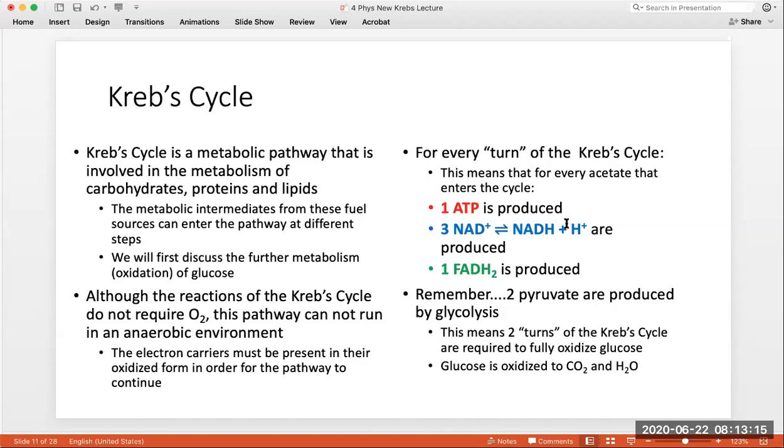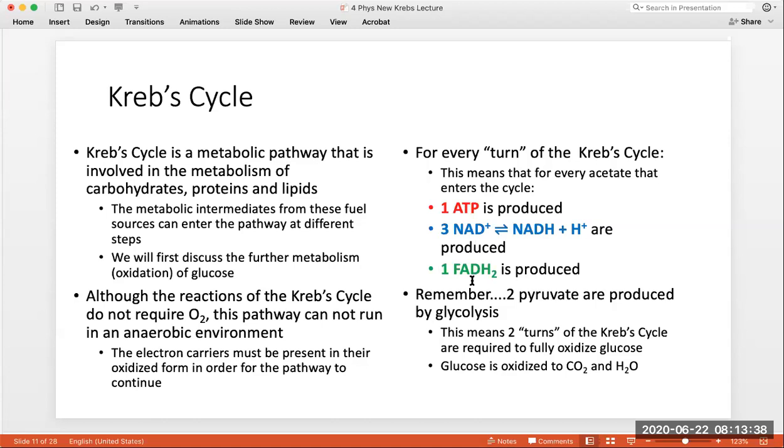And so what we're going to do is go through the steps of the Krebs cycle, just like we did for glycolysis. For every turn of the Krebs cycle, meaning for every acetate that enters the cycle, you're going to make 1 ATP. You are going to reduce 3 NAD+ to NADH plus H+, and you're also going to reduce 1 FADH2.